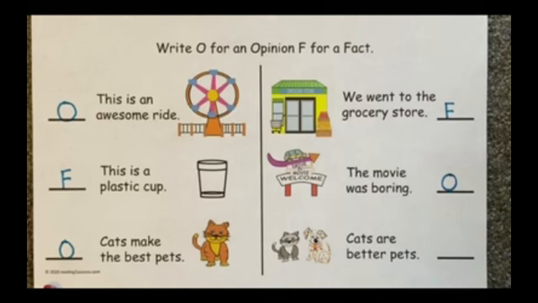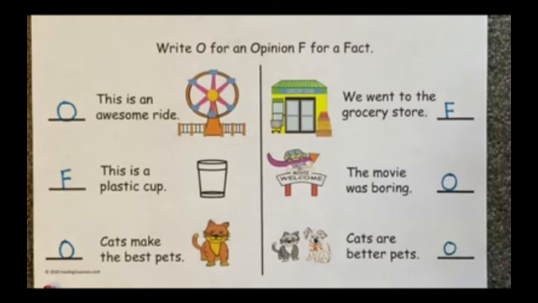We've talked about this one before. And if you have a dog, you probably think dogs are better pets. Notice I used the word think because when you use the word think, it is an opinion. So better is an opinion adjective.